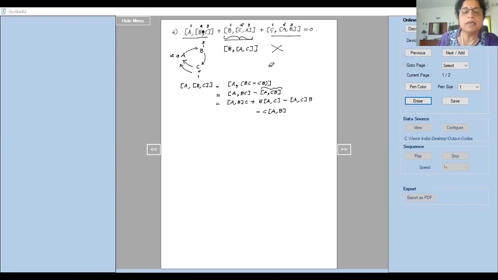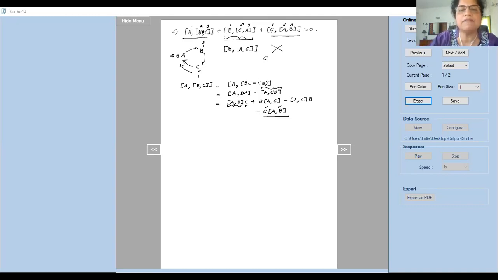Okay. Now please look at it. Here AB is coming first, C is coming second. This last term here, C is coming first, AB is coming second. These two are not equal to each other. All right, so they will not cancel out.